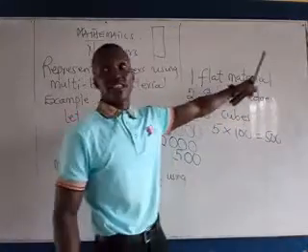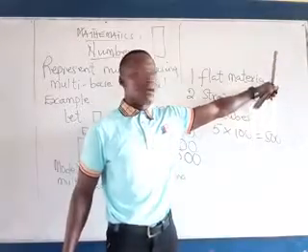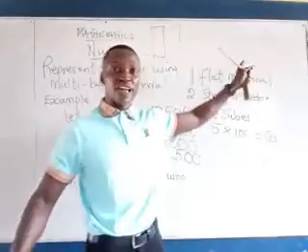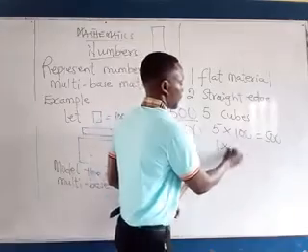Then one flat surface is 10,000. So 1 times 10,000 will give us 10,000.